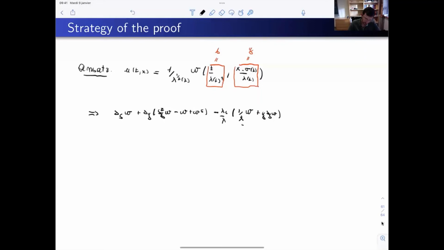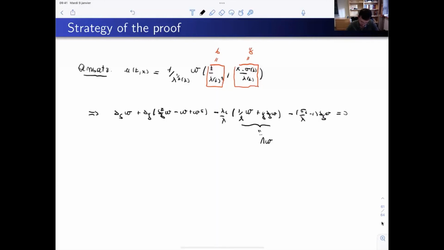This we call just an operator, lambda w. And then I also get the derivative with respect to the translation parameters. The parameters can depend on t or s equivalently, so now I'm really looking in the variable s.